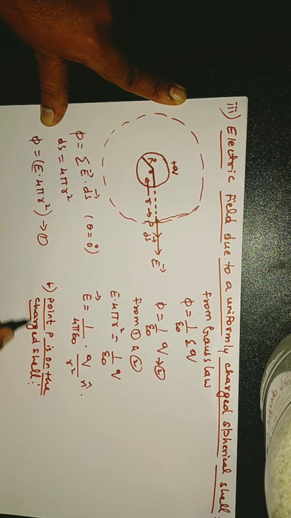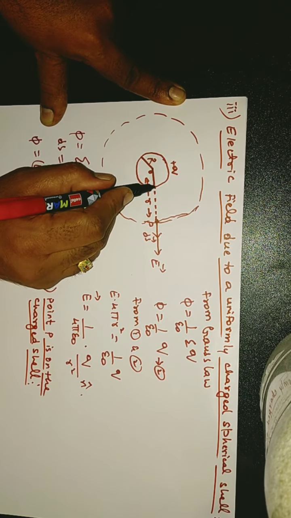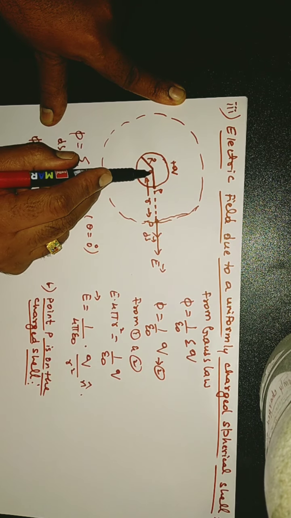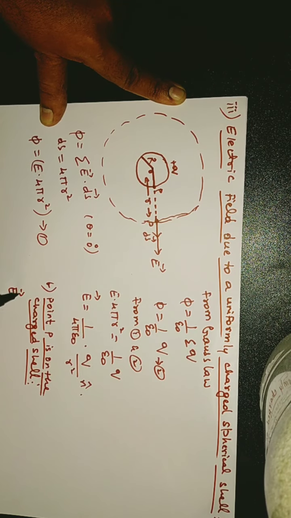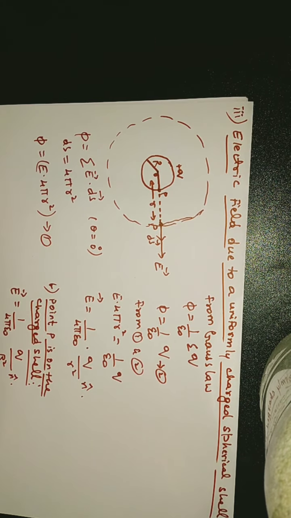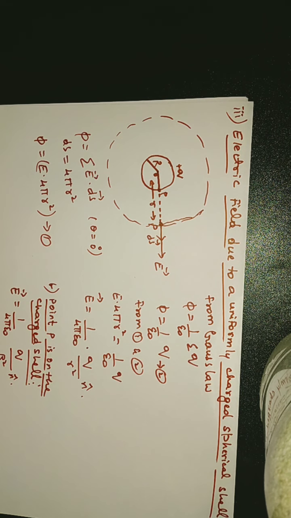If point P is on the charged shell, that means the point P, instead of being here, is here itself, so then you know that the radius of the sphere is equal to R. So, in this expression, everything will be the same except for the distance. This small r will be replaced by capital R. So this will be the expression for the electric field at a point P on the charged spherical shell.